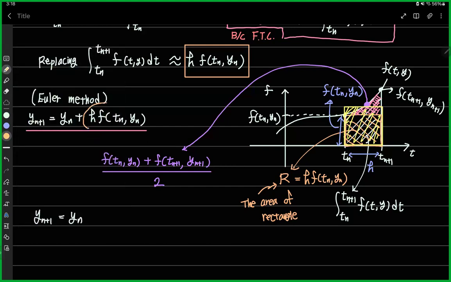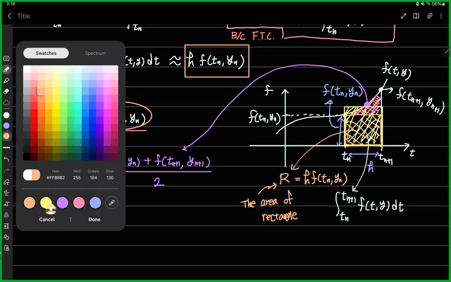But this is what we used as the area of the rectangle, right? So we're going to substitute this one into here. I mean, replace this one with that. So now instead of that, we're going to get h times this.